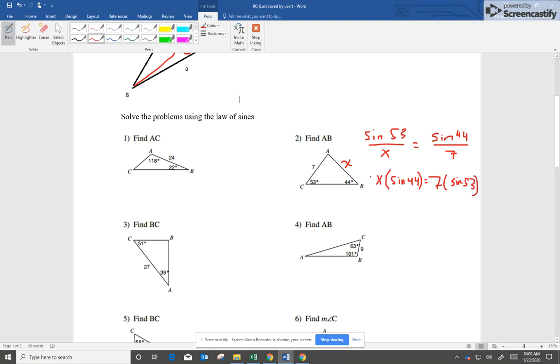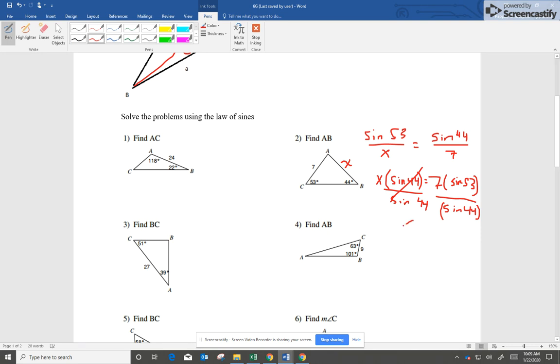Okay. And to get x by itself, x is multiplying by sine 44, so we have to divide sine 44 off both sides there. Make sure you put parentheses around these things too, ladies and gentlemen, just so nothing gets screwed up when we type it in a calculator.